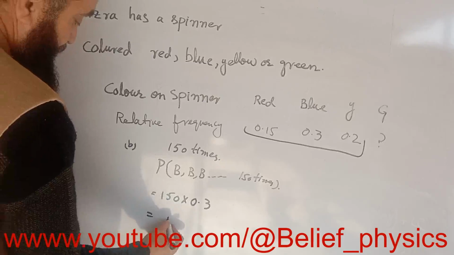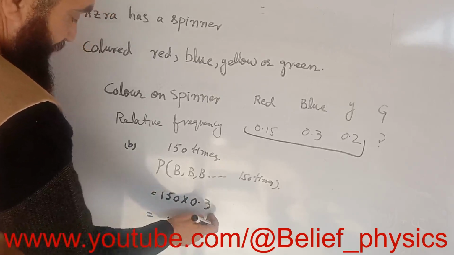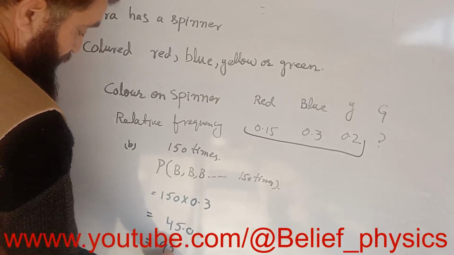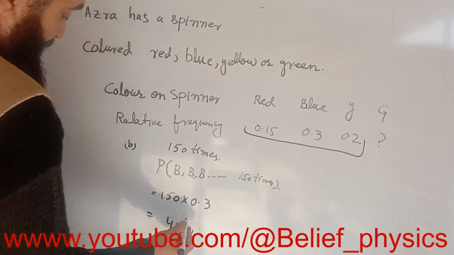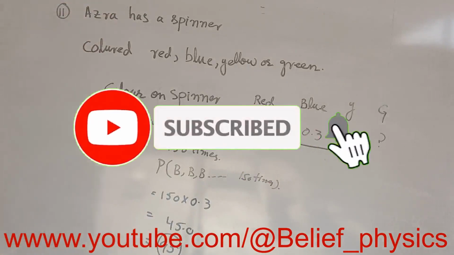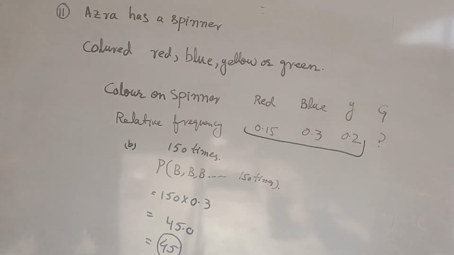15 3s are 45. The point is after one digit, so the point is here. So the answer is 45.0 or 45. So she can expect the spinner to land on blue 45 times out of 150.